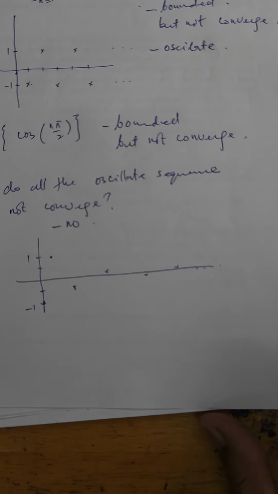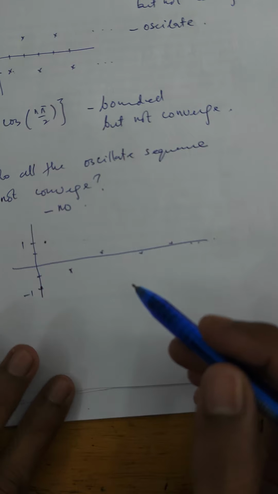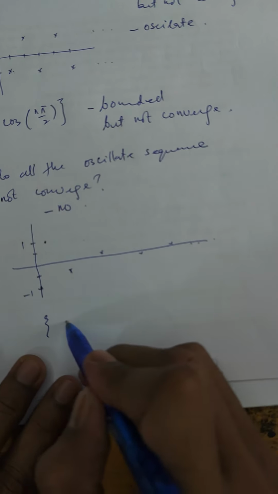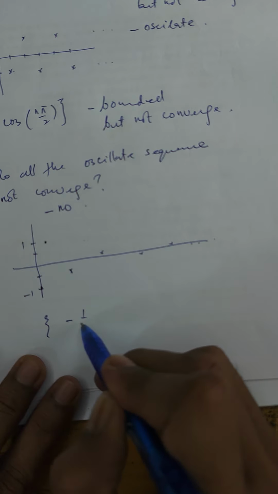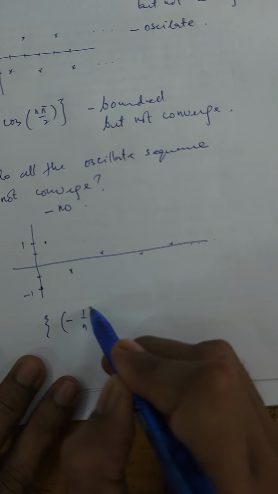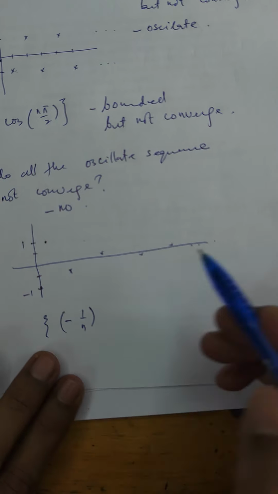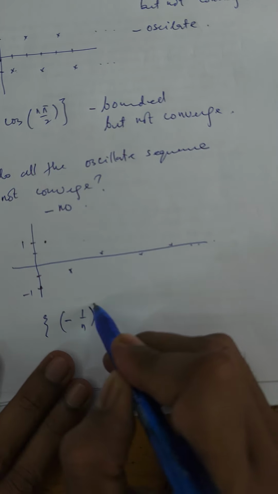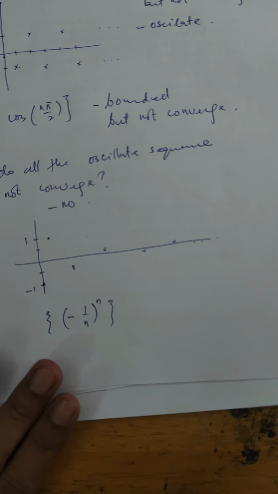An example for this might be the sequence minus 1 to the n over n.